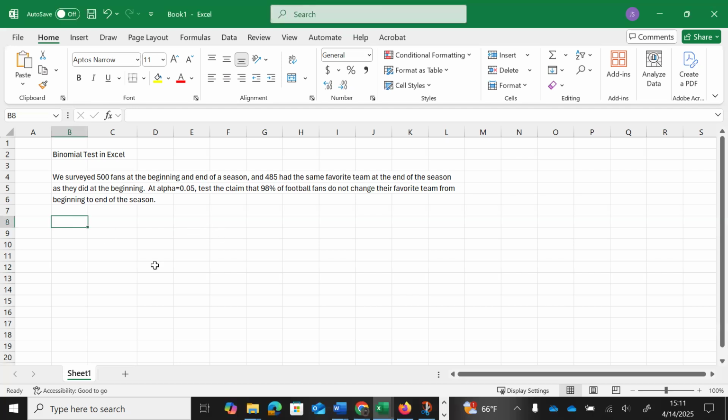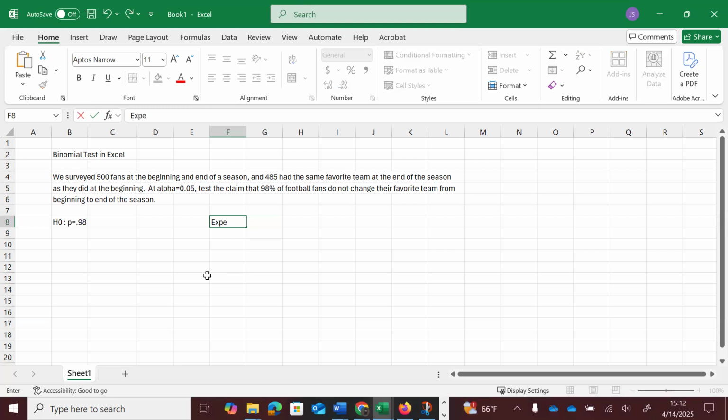Just like any hypothesis test, first, the null hypothesis is that the parameter is whatever the claim says it is, which is 98% in this case. For the alternative hypothesis, let's first figure out how many people we were expecting to keep their football team.